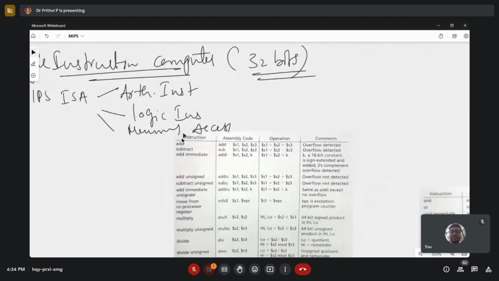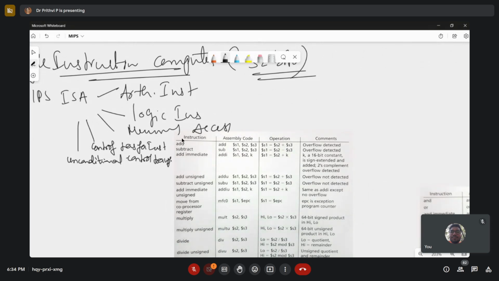Another type of instruction is control transfer instruction, and sorry, unconditional control transfer. So these are the different MIPS ISA instructions what we have.